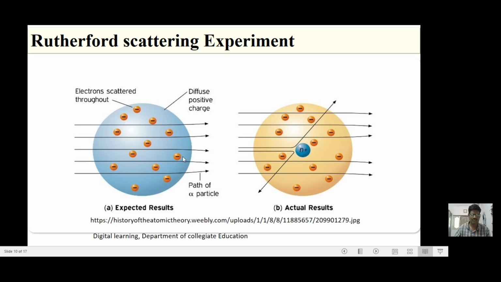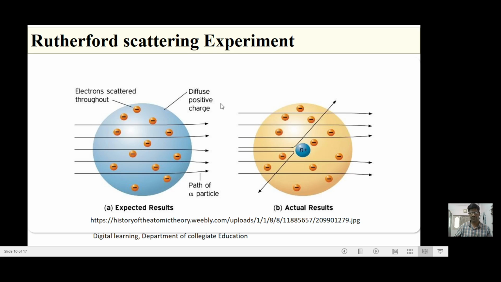This must happen in theory, but it is contradicted, because here are the actual results. This is the expected result and this is the actual result after experimenting. After the experiment, we see it like this.